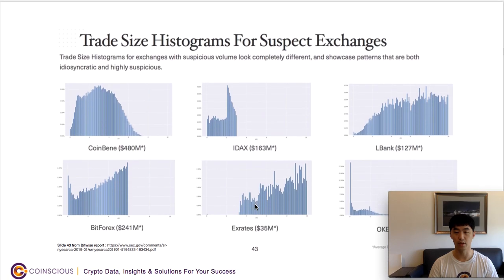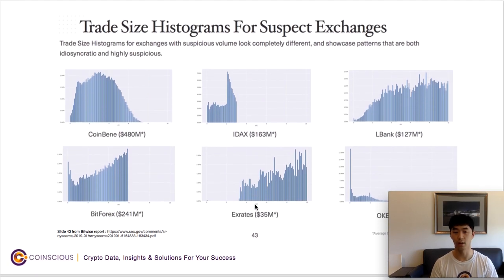Whereas the bad ones are suspicious exchanges that they claim have histogram shapes like this, with either very high-end tails or very weird shapes.